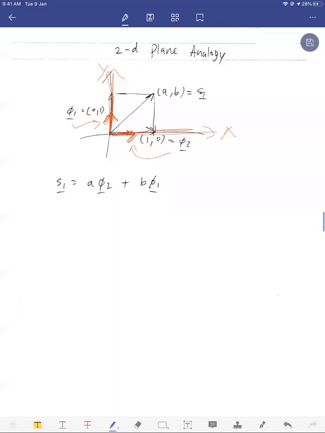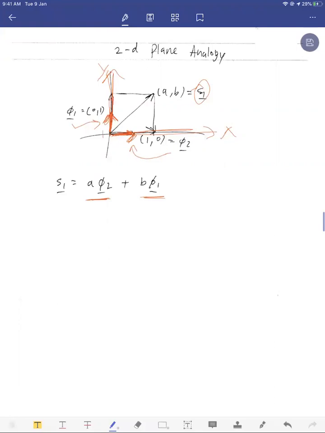Now if I take an arbitrary point (A, B), we see that we can write any arbitrary point in the plane as a linear combination of phi1 and phi2. I go A in the x direction and B in the y direction. This is how you can represent a signal in terms of its basis functions.